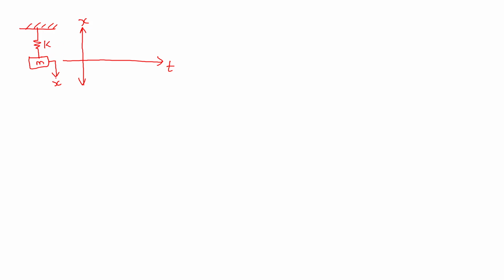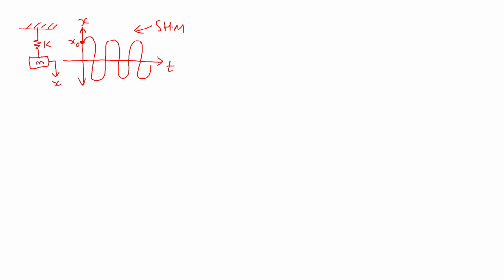If I pull it down or push it, that gives an initial displacement, x naught, for a free vibration. It will start from this point x naught and oscillate in an SHM motion.